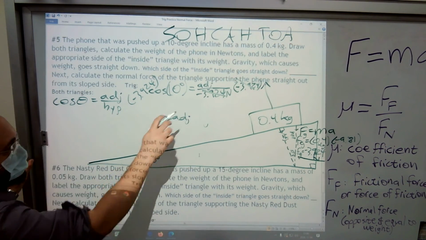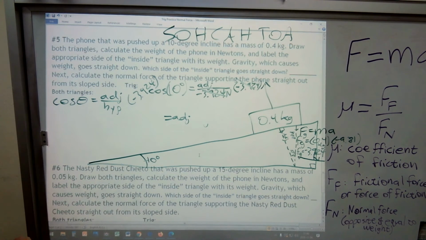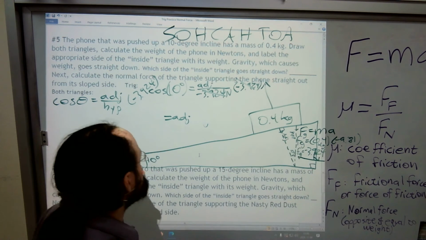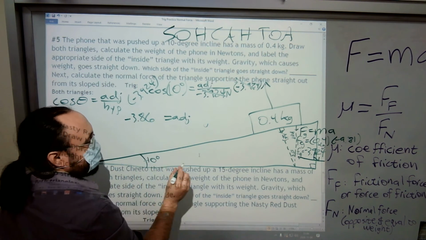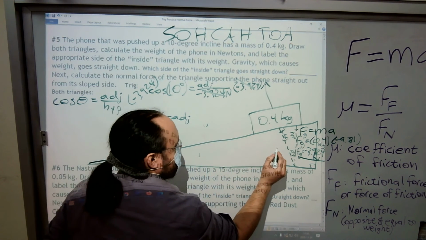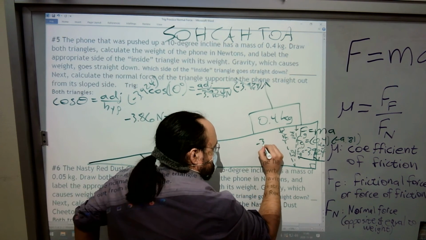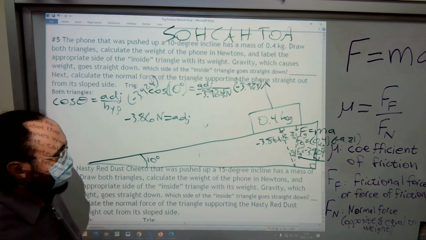It says equals adjacent on the right, and I just have to put this in the calculator. That's 3.86. So over here, our force, that's newtons, because my other one was newtons. This ends up being 3.86 newtons, and that's all the trigonometry we have to do.